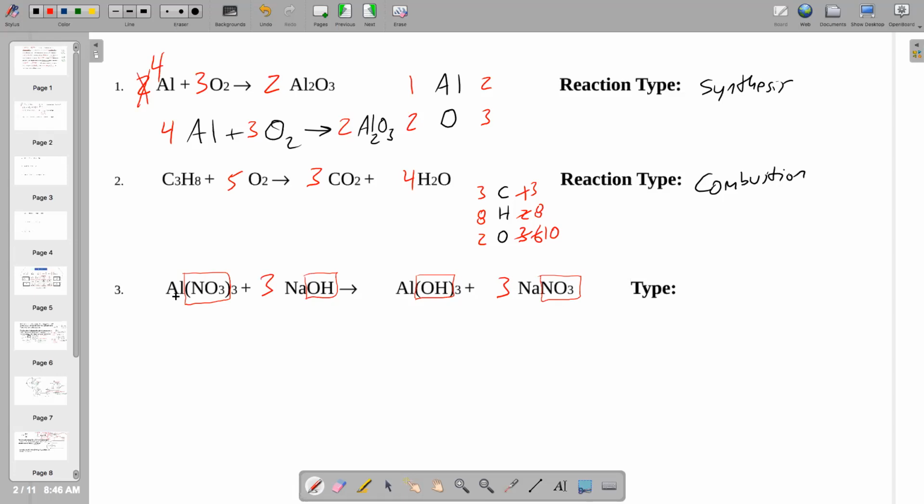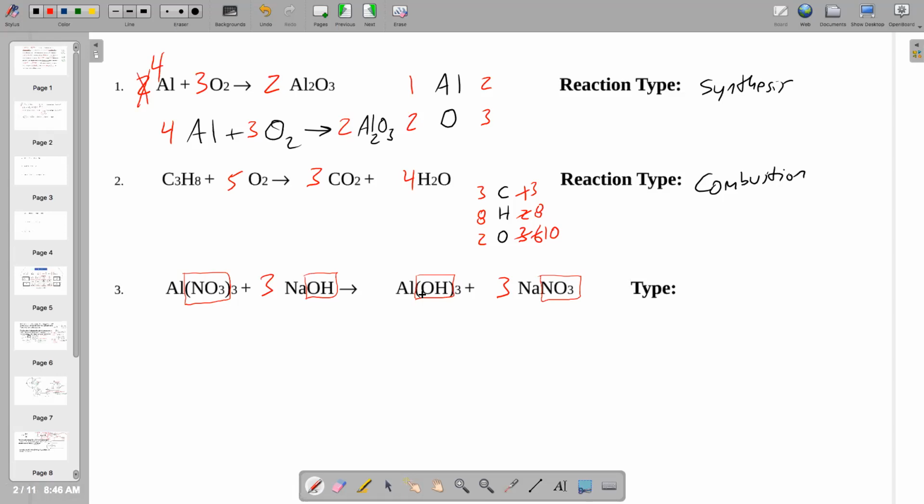Because now you've got 1 aluminum on the left, 1 aluminum on the right. There's 3 nitrates on the left. Now you've got 3 in front of the sodium nitrate. There's 3 nitrates on the right. There's 3 in front of the sodium, and there's also 3 in front of this sodium. There's a 3 in front of the hydroxide, but you've got 3 hydroxides.